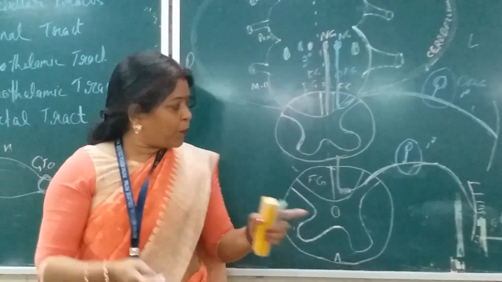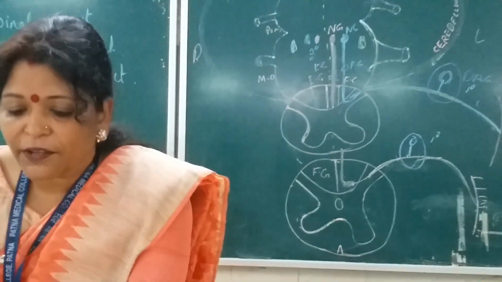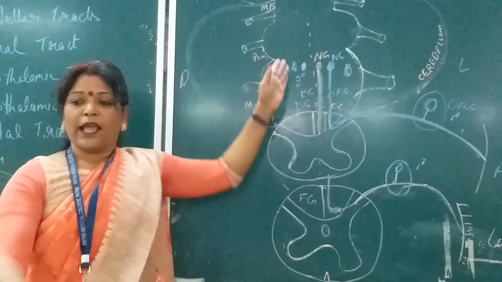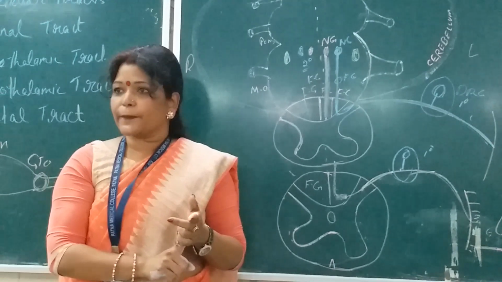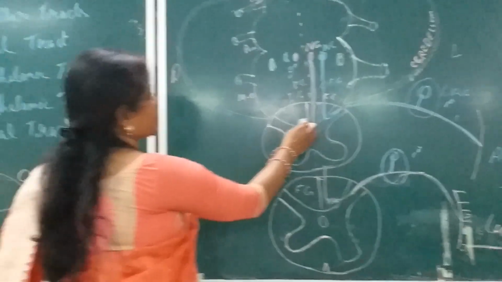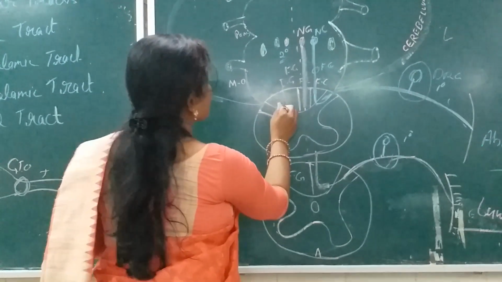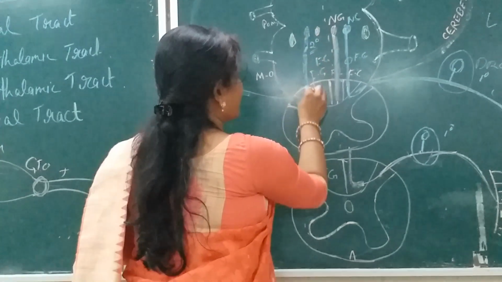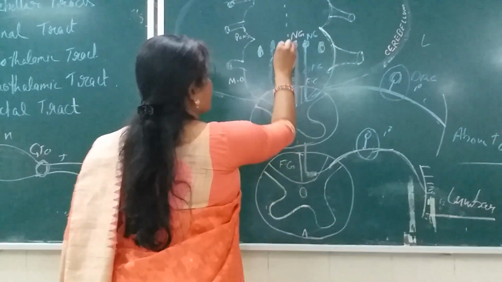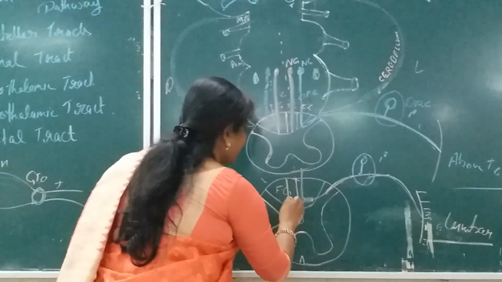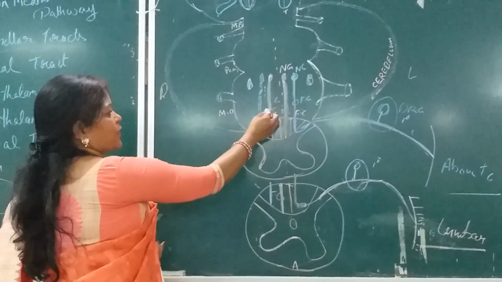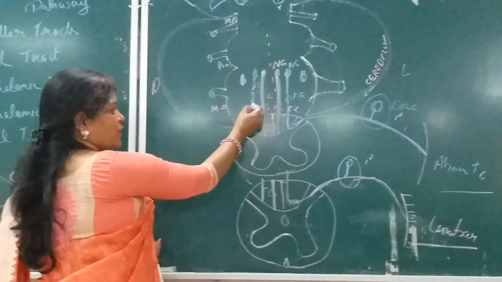That means both tracts, whether the fasciculus gracilis or the cuneatus, ascend upwards and both will cross here, because the tracts are coming from both sides.